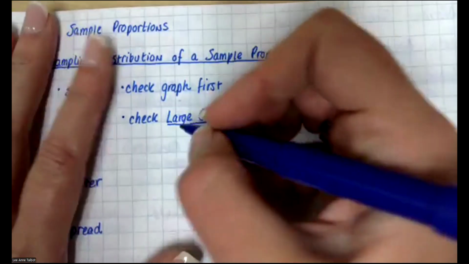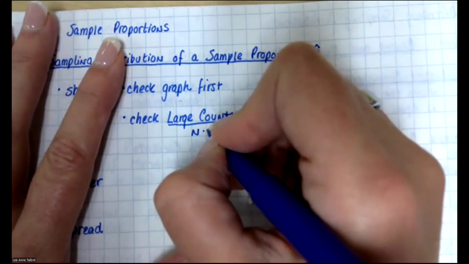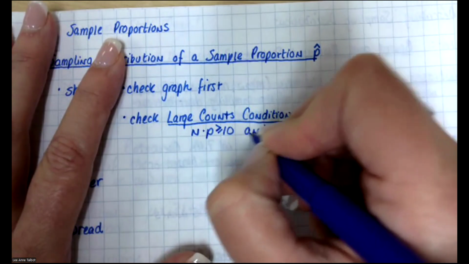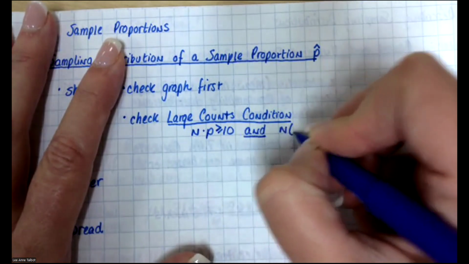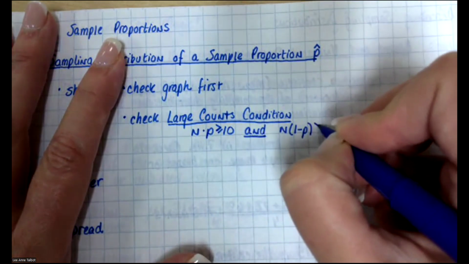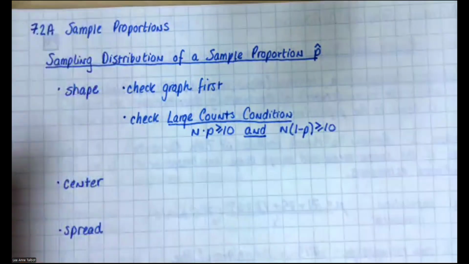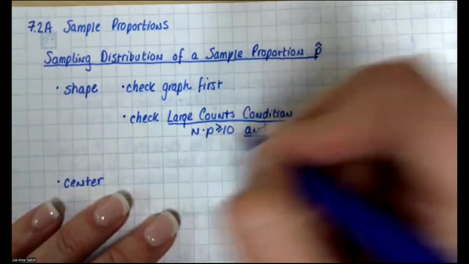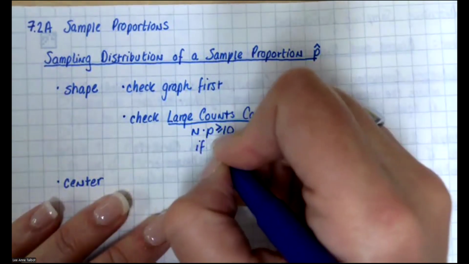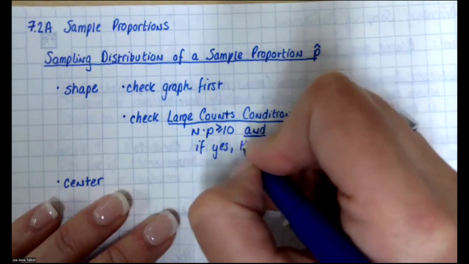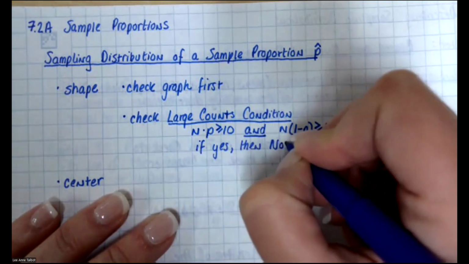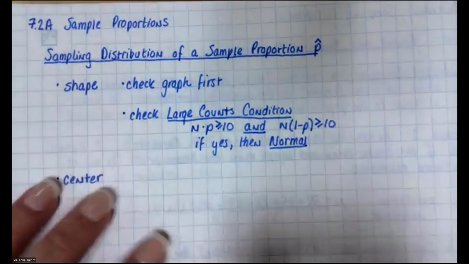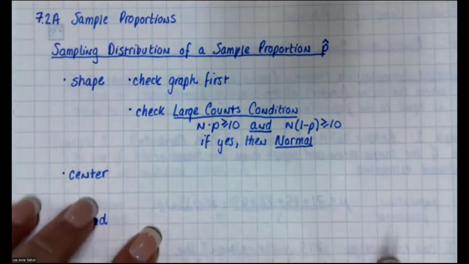Okay, so to remind you, the large counts condition is n times p is greater than or equal to 10, and n times 1 minus p is greater than or equal to 10. If you get yes for both of those, then it's normal.